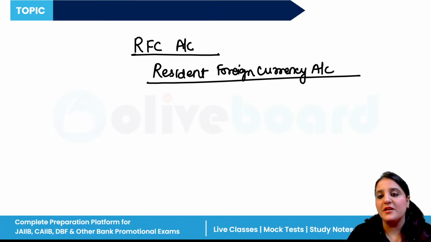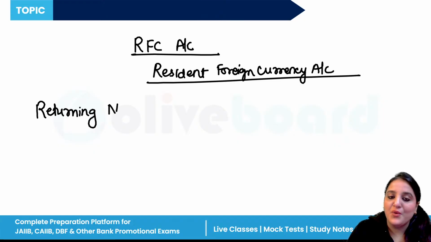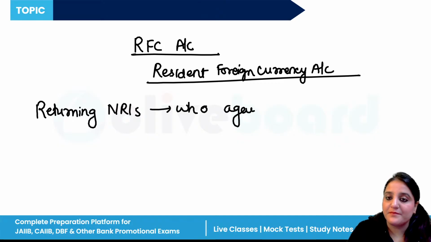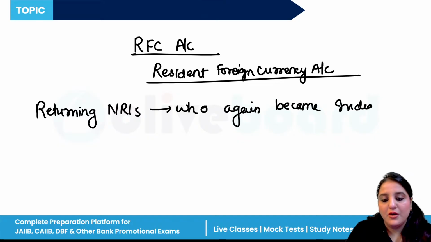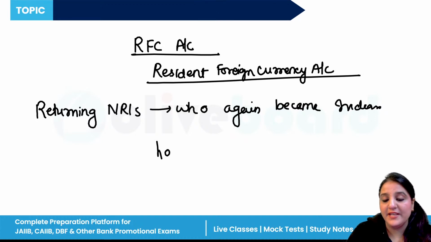This is the account for returning NRIs who again become residents. It is used for holding foreign currency assets, right?